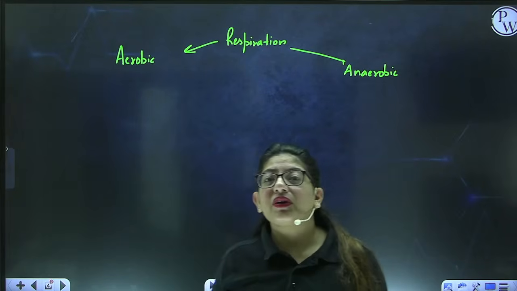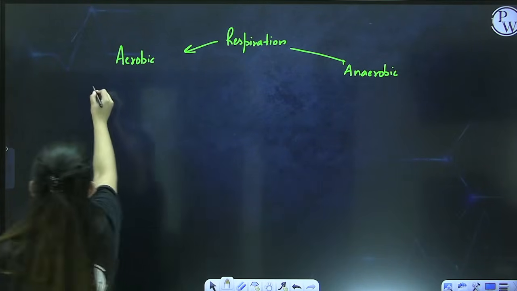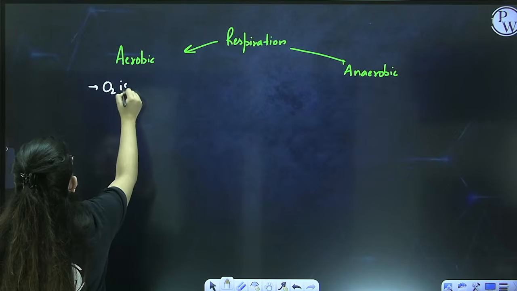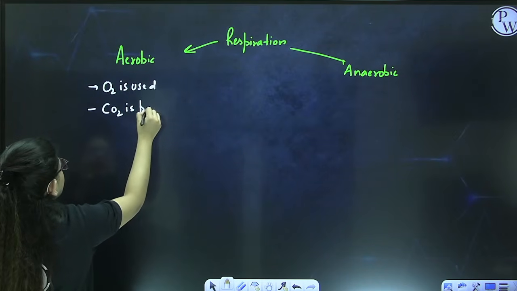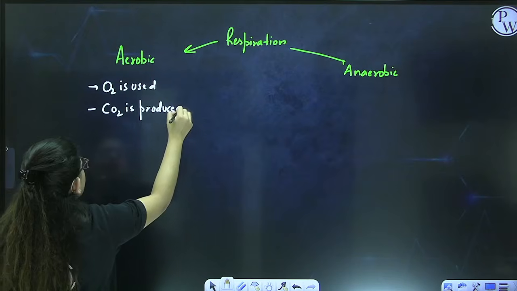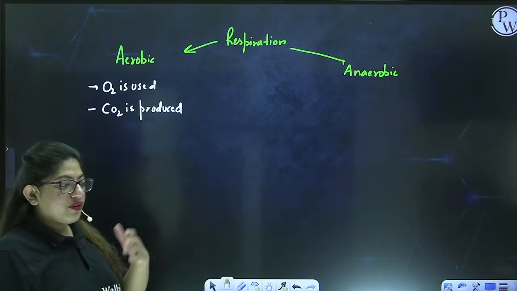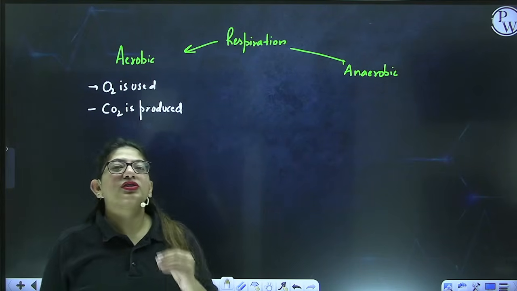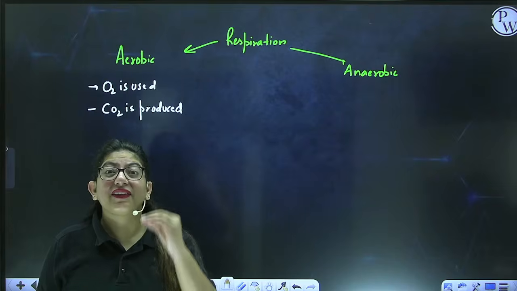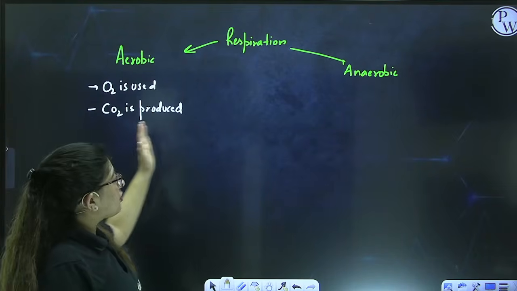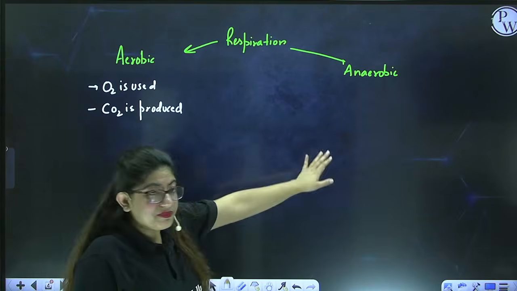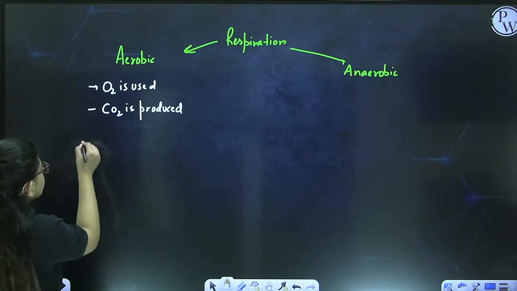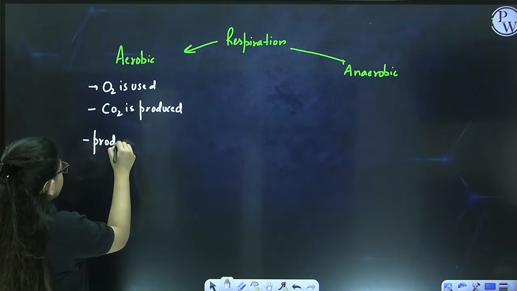So in aerobic respiration, oxygen is used and CO2 is produced. When you oxidize glucose, it will form CO2 and water, and also energy. If we compare, aerobic produces more energy as compared to anaerobic.